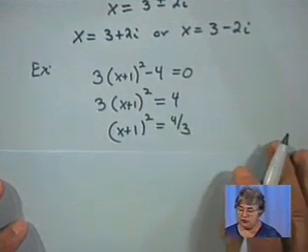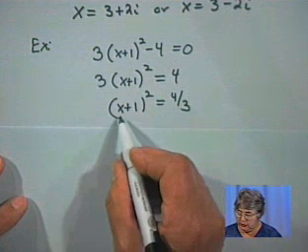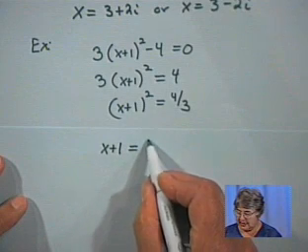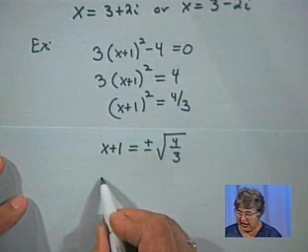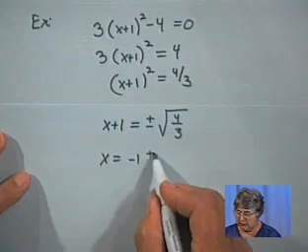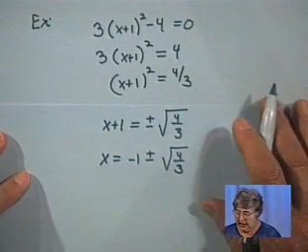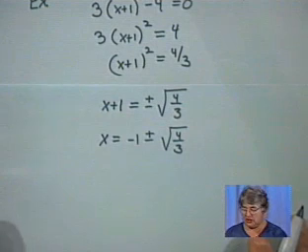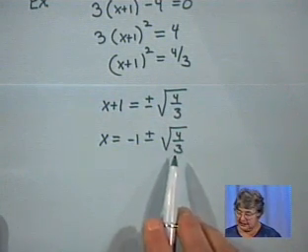We can now take the square root of each side. So the square root of the left-hand side is x plus 1, and on the right-hand side, we're going to have plus or minus the square root of 4/3. Finally, we solve for x. x equals minus 1 plus or minus the square root of 4/3. Now, if you try to check your answers in the back of the book, they may have rationalized this radical.